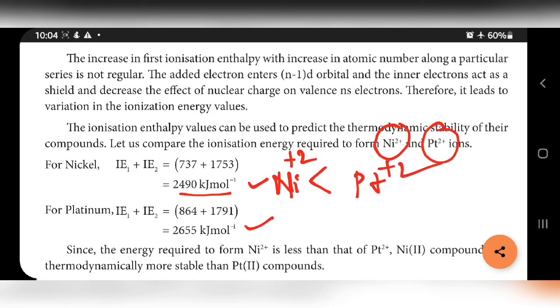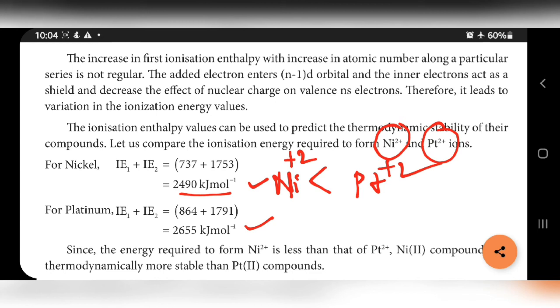So nickel 2 compounds are thermodynamically more stable. The one with less energy is more stable. So nickel 2 compounds are more stable than platinum 2 compounds. That is the conclusion. So we can predict thermodynamic stability by using ionization energy.